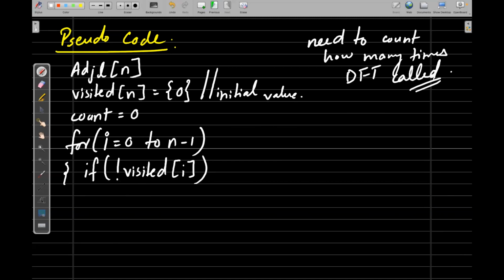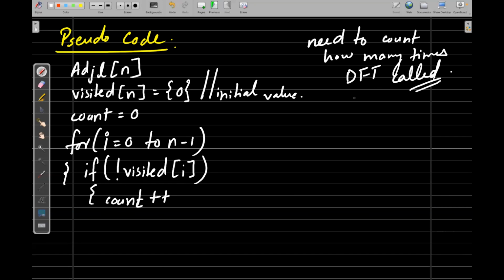If visited of i is 0, then not turns it into 1, meaning the condition is true and that node is not visited yet. So what will happen then? We'll put count plus plus, because whenever a node is not visited, our DFT will be called.